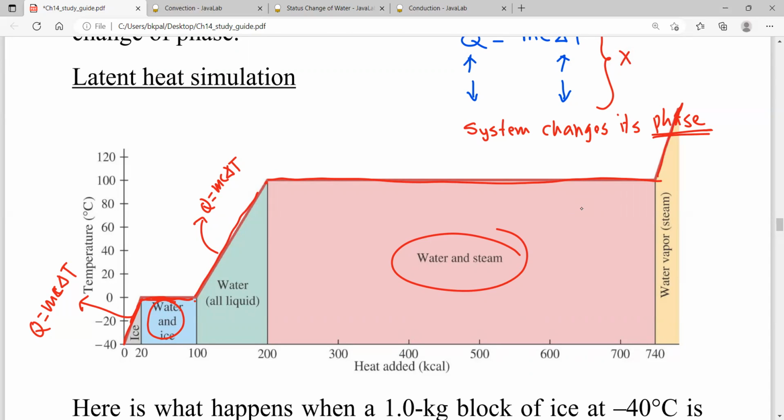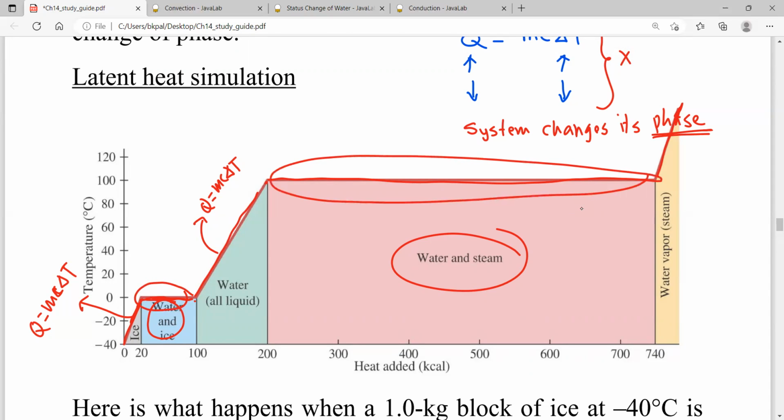In this section we are interested in talking more about the two horizontal lines.